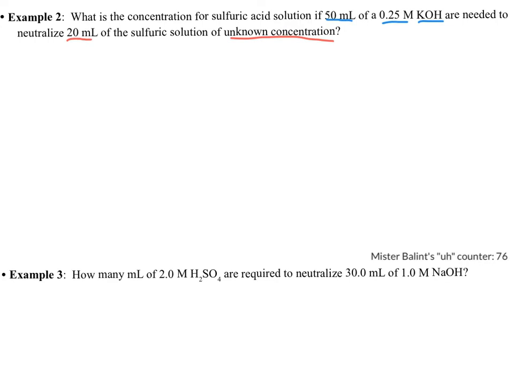What we do have to do here is check the sulfuric acid, because we have to look up the actual formula for sulfuric acid. If I look at the reference table, sulfuric acid is H2SO4. And it says here we've got KOH. So this is what we were talking about, where it depends.